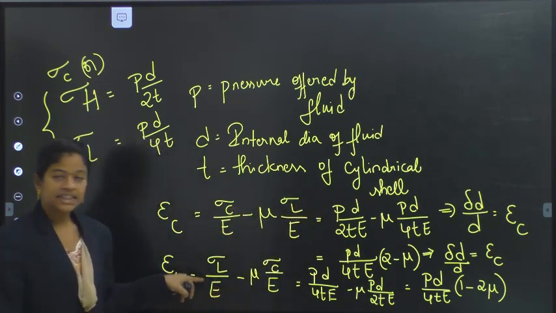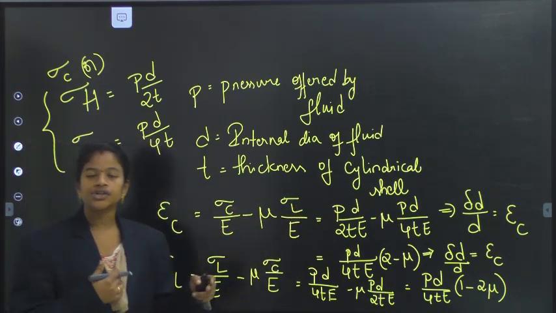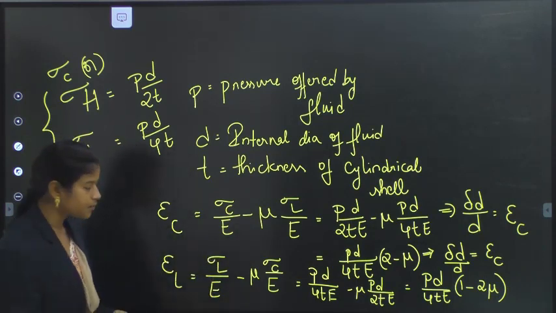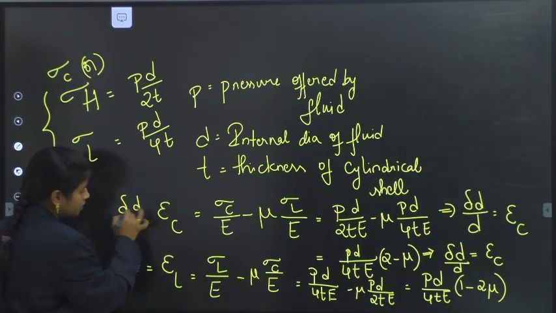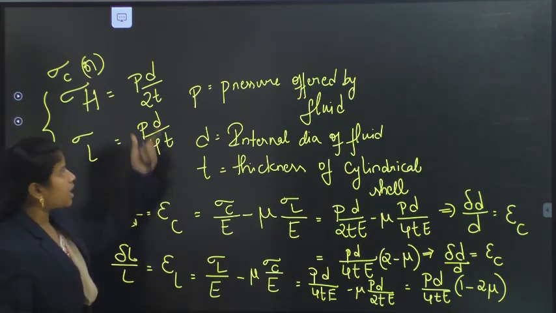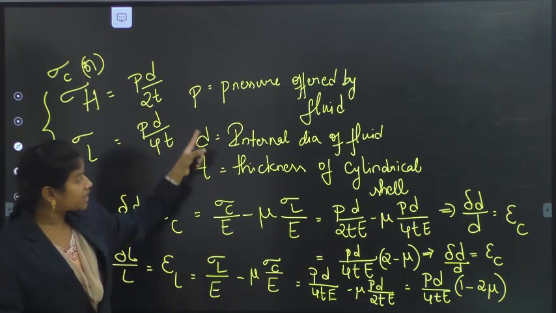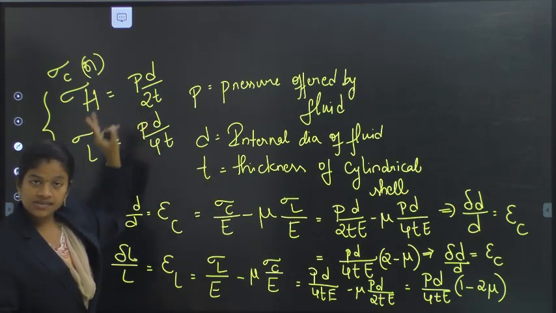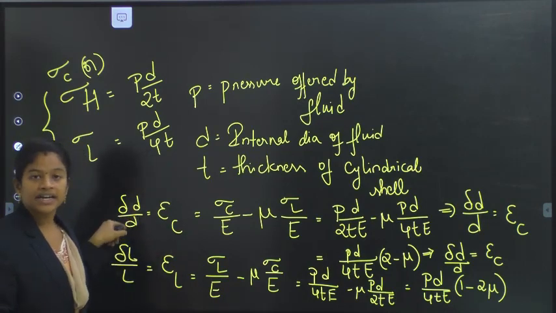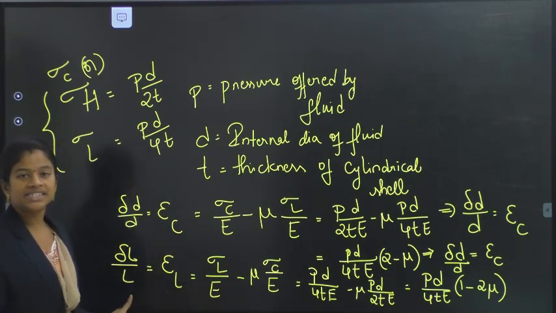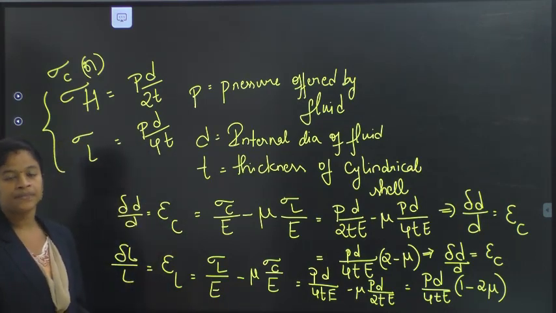And the strain in the longitudinal direction is nothing but the change in the length, delta L by L. So after knowing the stresses from the given data, the corresponding strains you can calculate. Once the strains are known, you get the corresponding change in diameter and change in length. These three terms you can calculate.